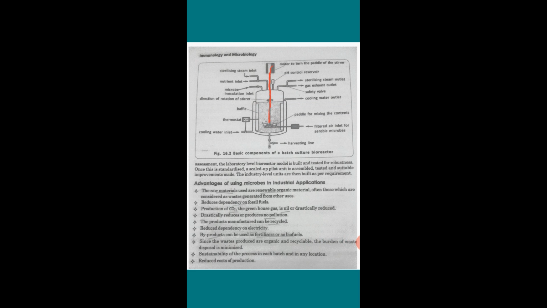So this baffle will be rotating through the walls of the bioreactor inside, and it will prevent the adsorption of the microorganisms and the substances on the walls of the bioreactor, and it will also ensure the distribution of air, oxygen and other gases in the bioreactor.